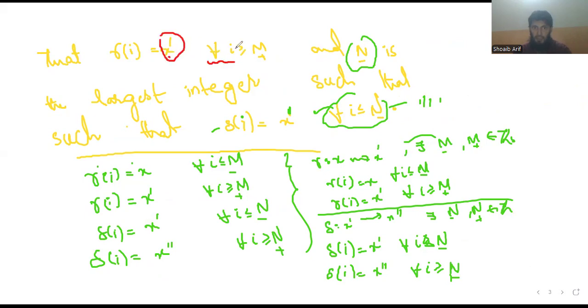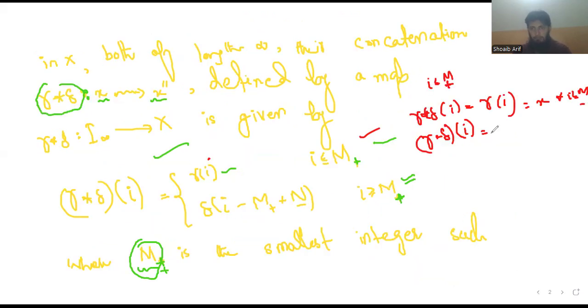After this, at m plus, m plus 1, m plus 2, and so on, we will get x prime due to the gamma path. So here, if we substitute m plus, gamma of I is equal to x prime for all I less than or equal to m plus.